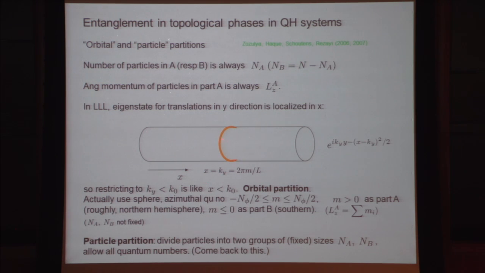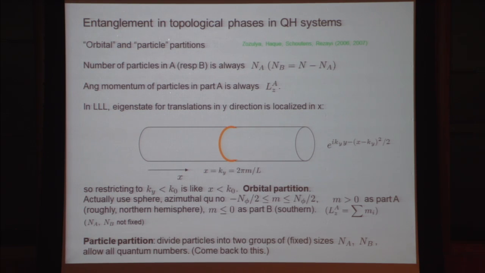So if I restrict to states with k_y less than some constant I can choose, that's very much like looking at x less than that constant. Basically, I'm looking at states to the left by restricting to k_y less than this constant. Now that's not quite accurate because there's a little fuzziness, a little smearing because of the Gaussian. It's not a precise relationship, it's a rough one. But the idea is that this is like dividing the system into two parts in real space.